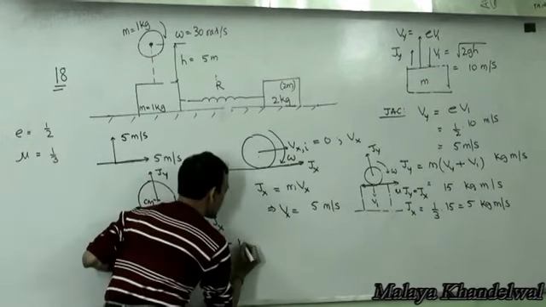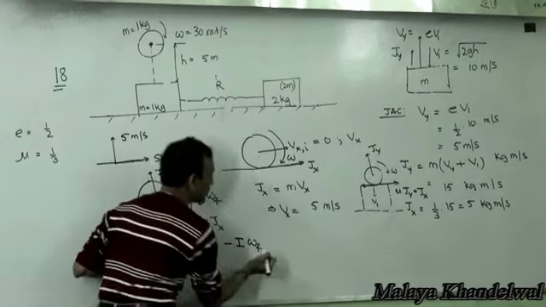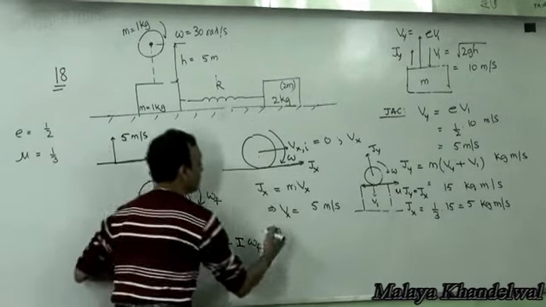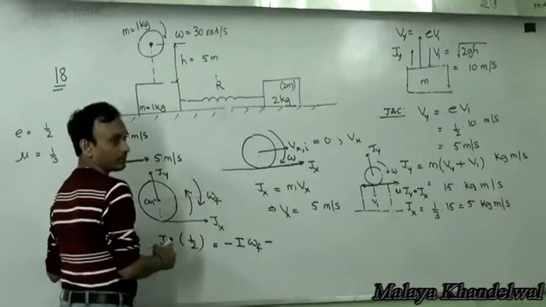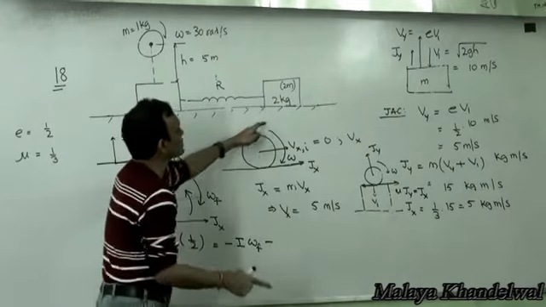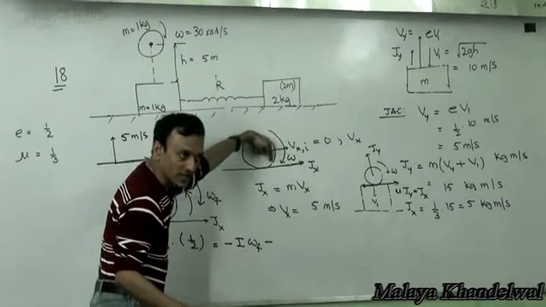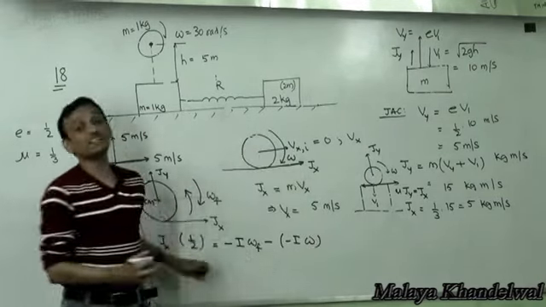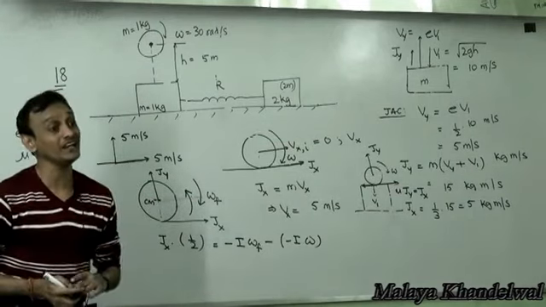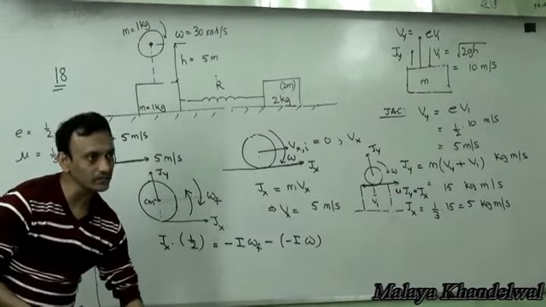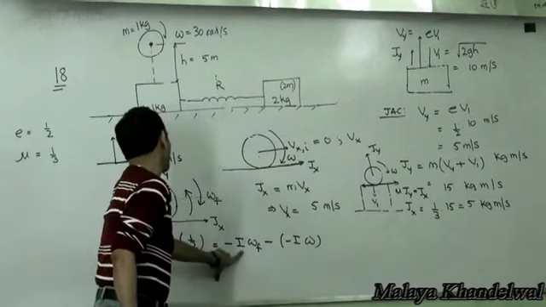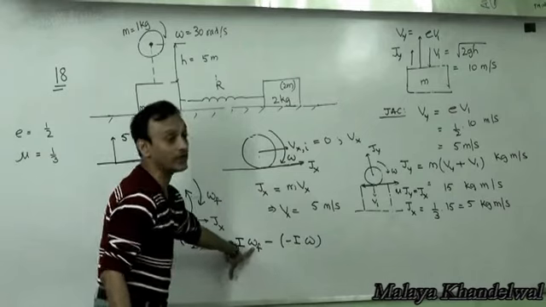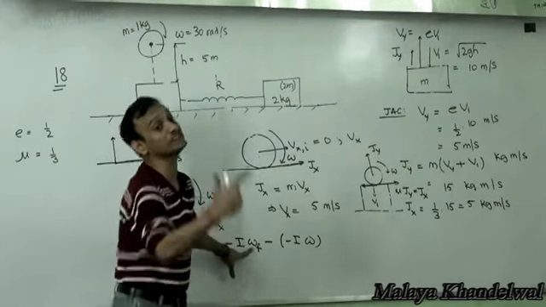Final minus initial angular momentum about the center of mass would be minus I omega. Yes or no? So this is the change in anticlockwise angular momentum. Plugging in I equal to 2/5 mr squared and jx equal to 5, we can compute the final angular velocity after the impact.